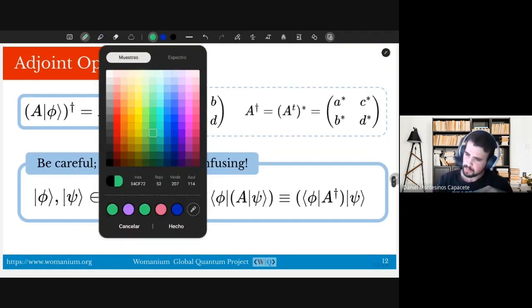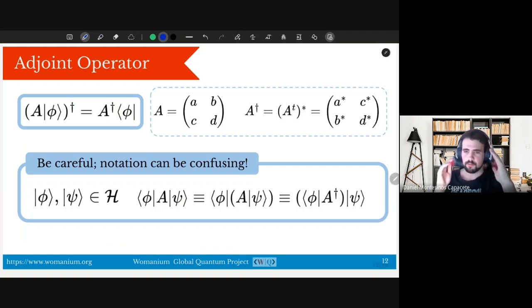What's the problem? Imagine you have a vector in your Hilbert space. If we have a linear operator acting on that vector, a linear operator takes a vector and gives you another vector. This means that this vector here also belongs to your Hilbert space.